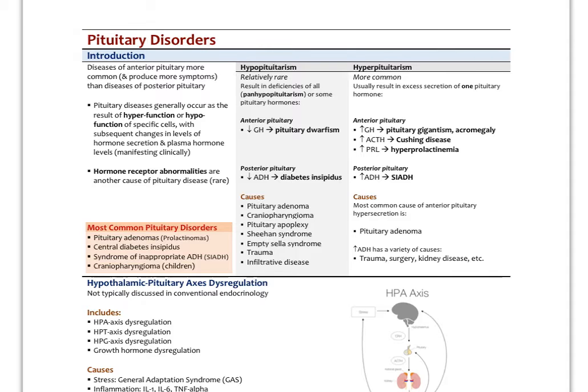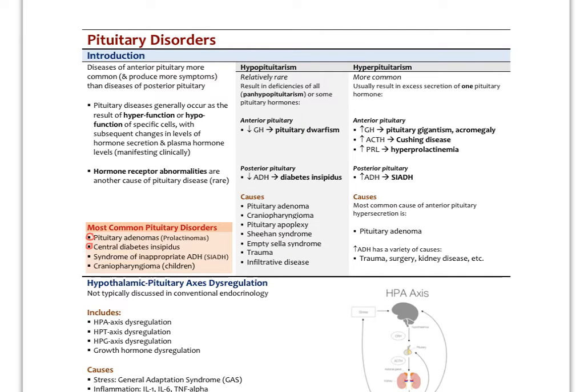The most common pituitary disorders are going to be pituitary adenomas, and the most common of those will be prolactinomas that secrete elevated prolactin. Diabetes insipidus, and when we say central, that means we have low output of ADH from the brain and pituitary. There is what's called nephrogenic diabetes insipidus, which we'll look at, and that's when the receptors for ADH in the kidneys become desensitized to ADH.